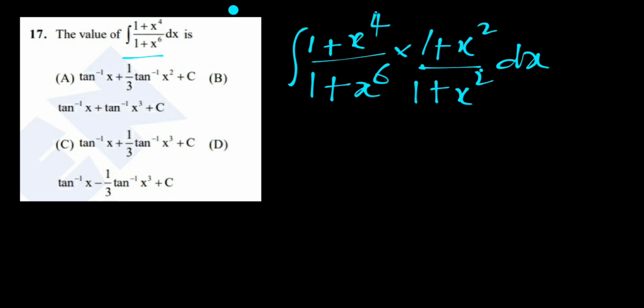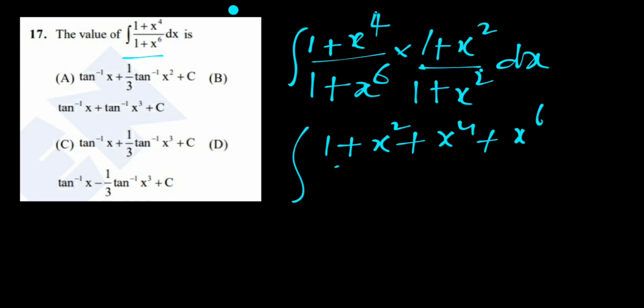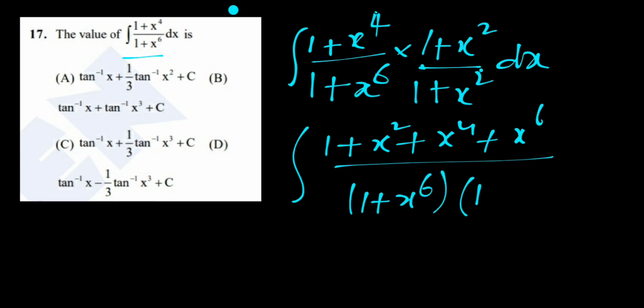Why are we taking 1 plus x square? Because the common value of x power 4 and x power 6 is x square. So next here we have to multiply the numerators: 1 plus x square plus x power 4 plus x power 6, divided by 1 plus x power 6 into 1 plus x square dx.